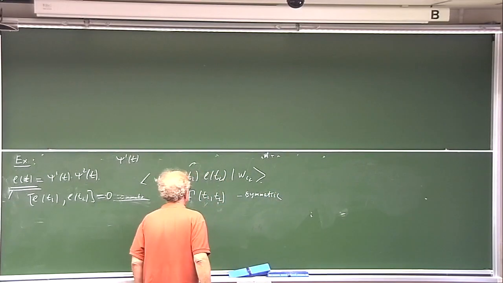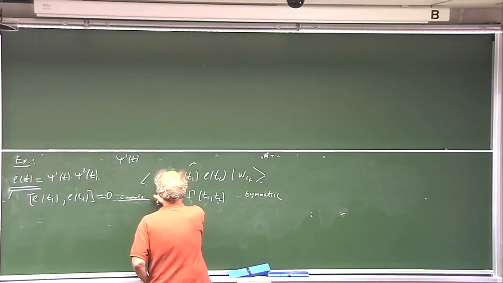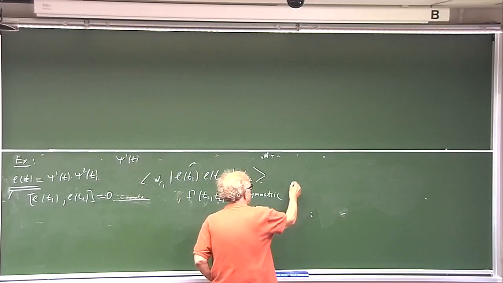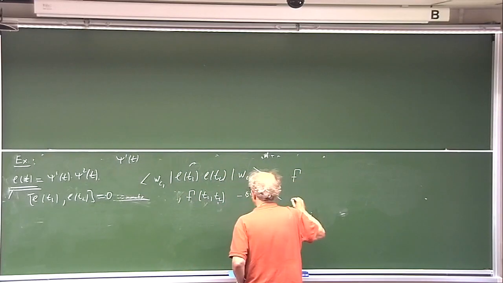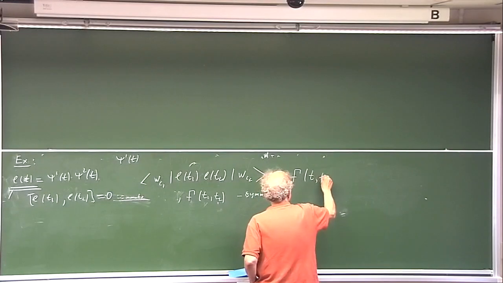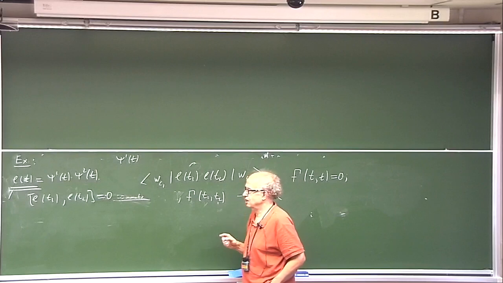But not only that. I claim that for any W here and W here, this function M satisfies the condition that F(T,T) will be 0 on the diagonal. And why?